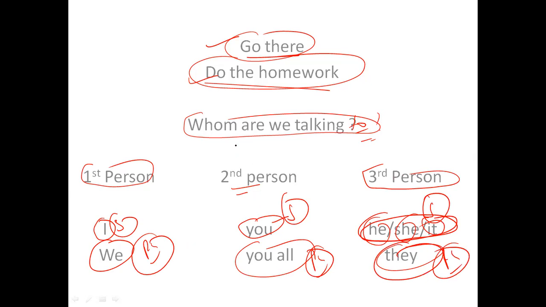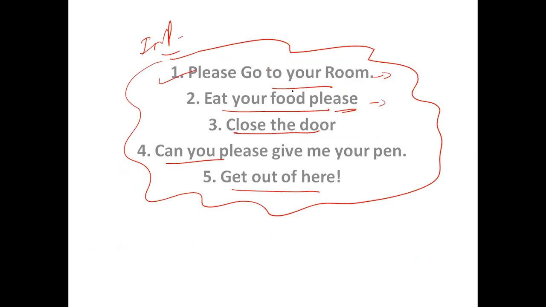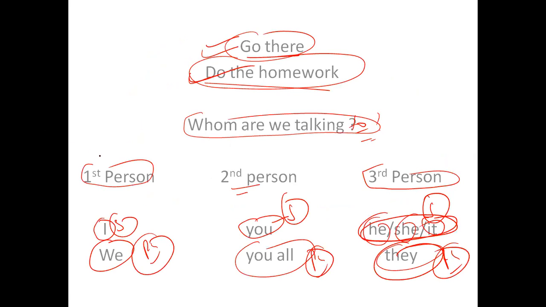So my question is, when I say go there, do the homework, or these examples, please go to your room, eat your food, please, close the door, can you give me your pen, please, get out of here, whom am I talking to? You need to choose first person, second person, or third person.